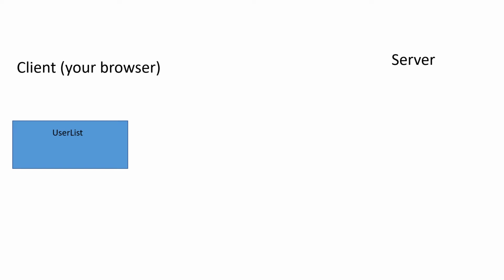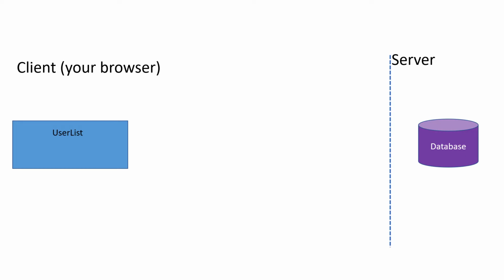And all that user information is stored on a server far away from this component. By far away, I mean it can be on a different machine, different host, different time zone, different programming language, and a different implementation altogether. So this user list component will have to send a request to the server. The server will have a database.